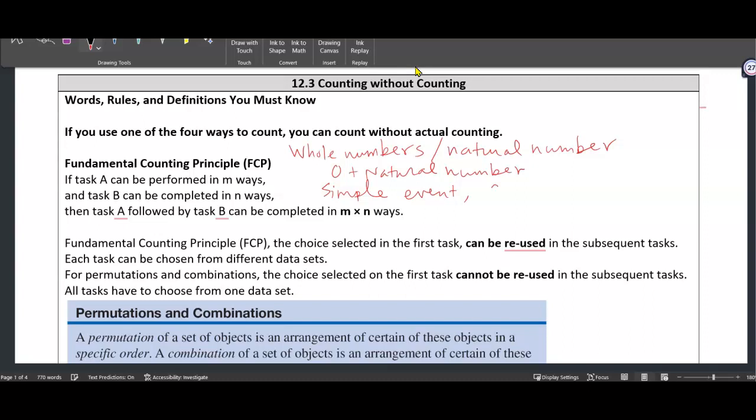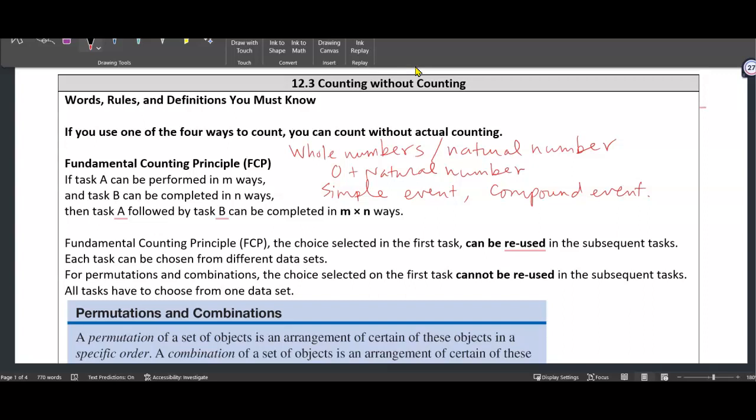All these fancy methods only apply to compound events, okay? So make sure you don't overkill; only use this fancy way of counting to save time when we are in a compound event, okay?